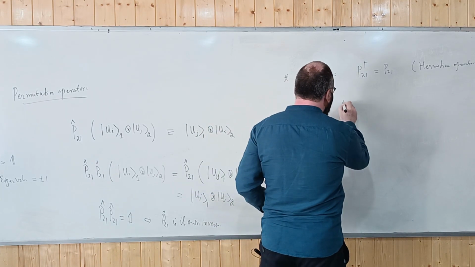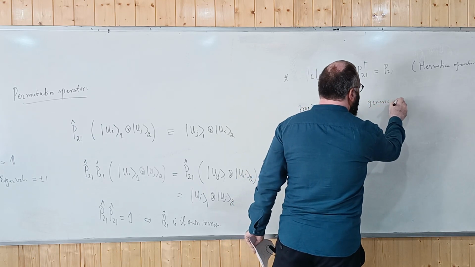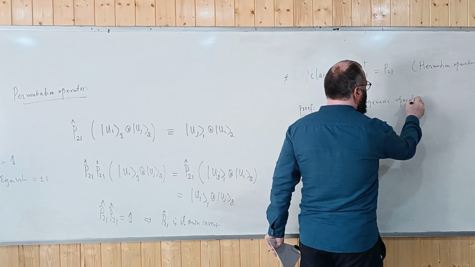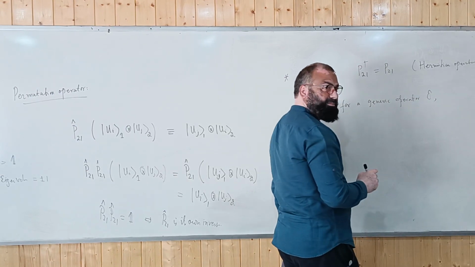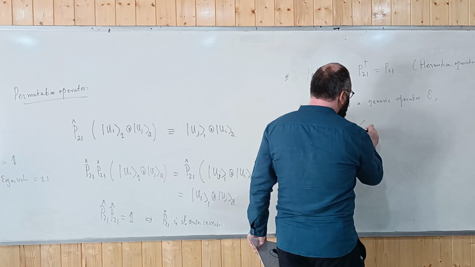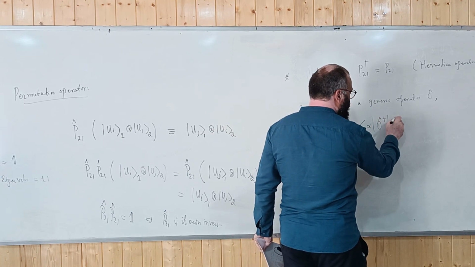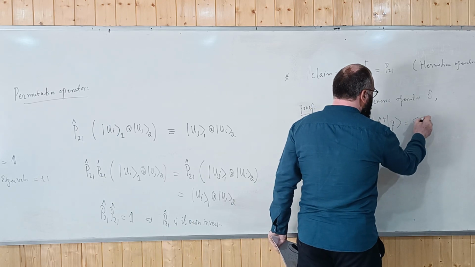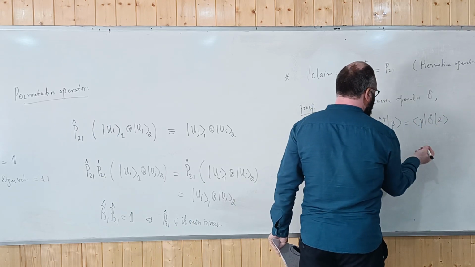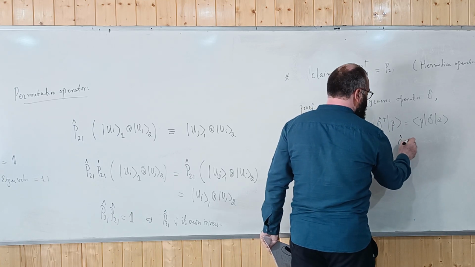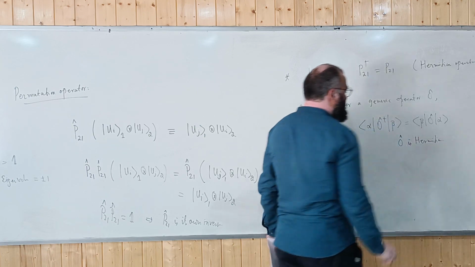Let's say for a generic operator O, we define its Hermiticity this way. Let's say you have alpha, then O dagger, then beta, it goes as beta O alpha. So it implies that O is Hermitian. So this is the definition of Hermiticity.